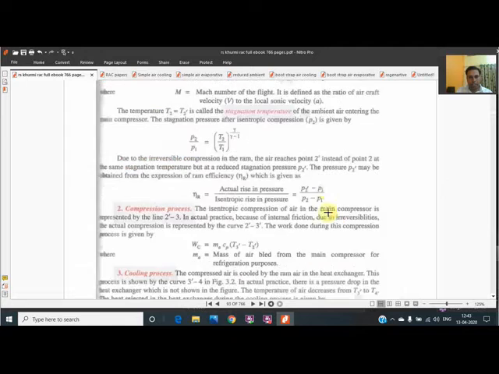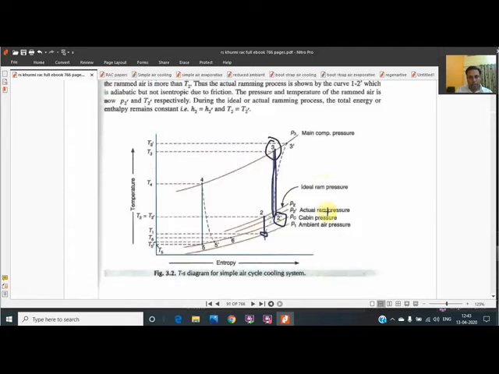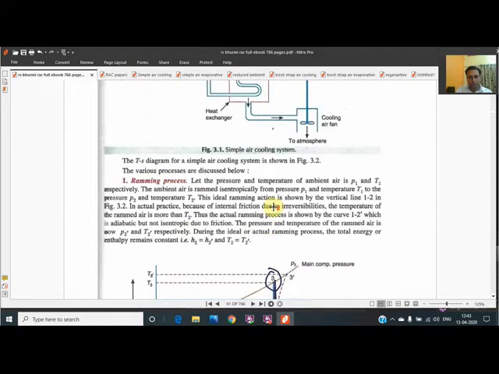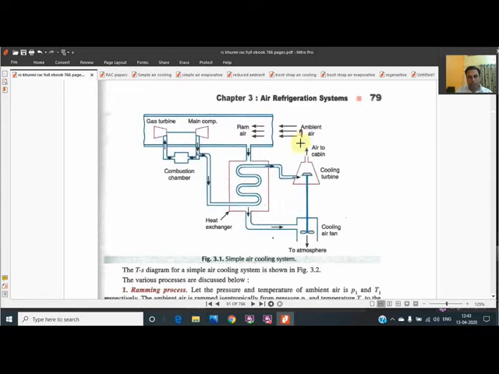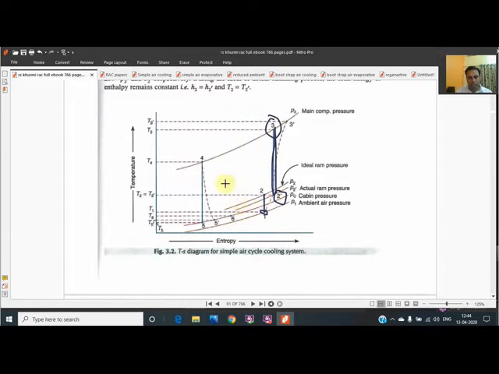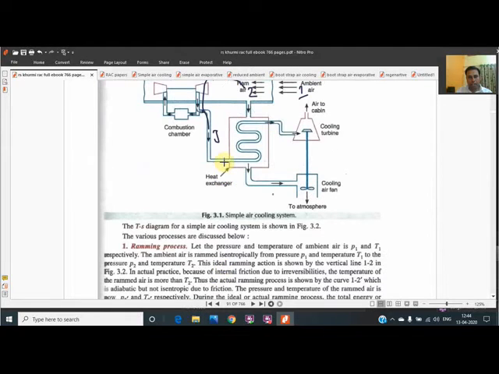In the simple aircraft refrigeration system, what used to happen is 1 to 2 ramming, and 2 to 3 is the compression, because air used to go into the compressor and a certain portion is bled out. 3 to 4 is cooling, that process is being shown to you. This is a constant pressure cooling. Thereafter, from 3 to 4 they have cooled.